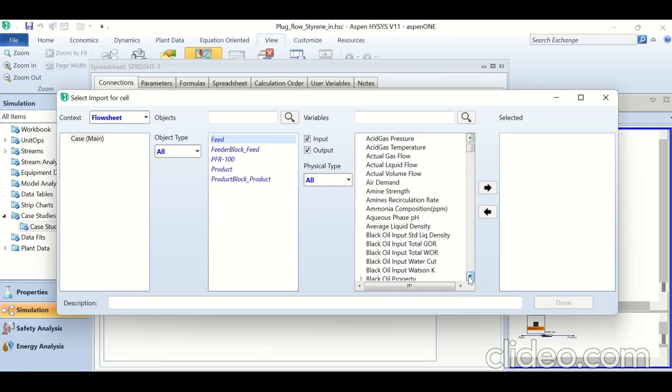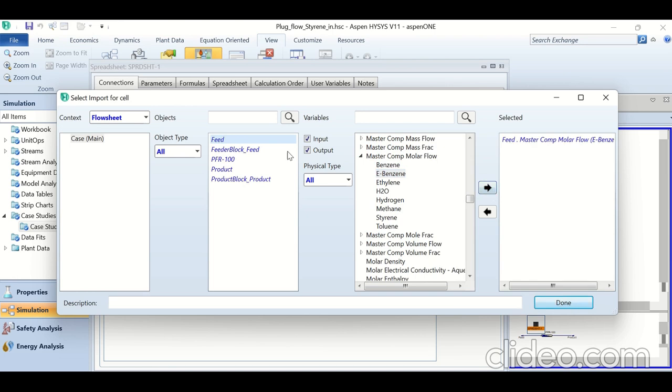So here go to the master component molar flow, select the ethyl benzene, okay, and now select product, and again the molar flow is ethyl benzene, and in the product select the molar flow of the styrene.